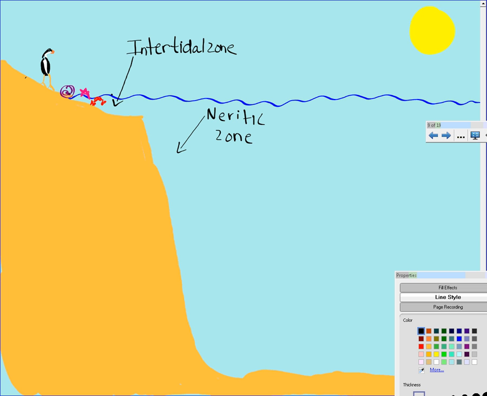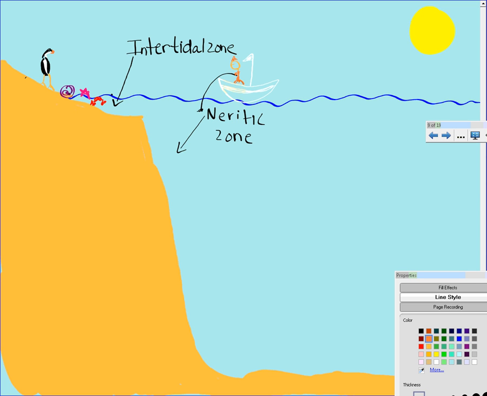This is going to be the area where we are definitely going to be doing a lot of fishing. So we're going to be doing a lot of fishing here.